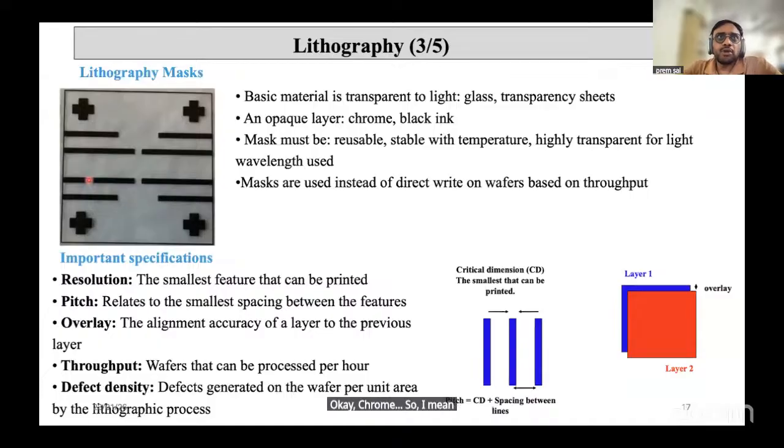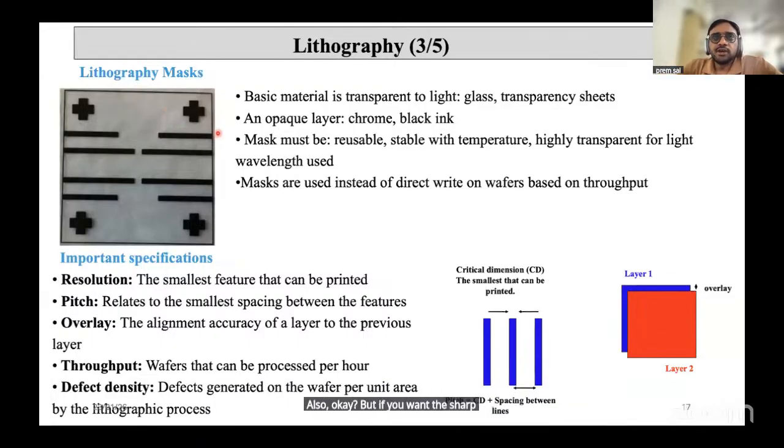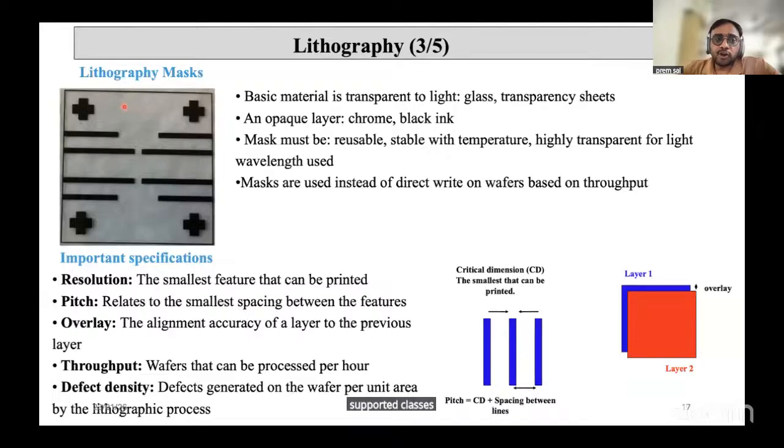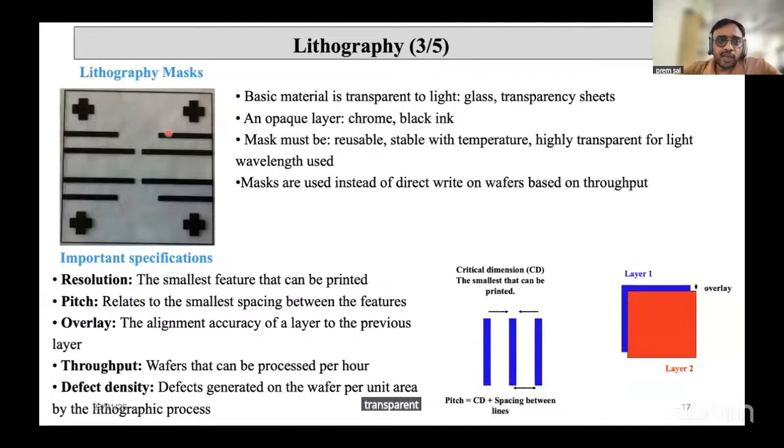There are some people who want bigger features, and they just write with ink also. But if you want sharp features inside the lab, in the order of microns, you have to go for chrome or ferric oxide coated glasses. Then you etch the chrome or ferric oxide from these areas, making them transparent, and light won't be allowed in the other areas.